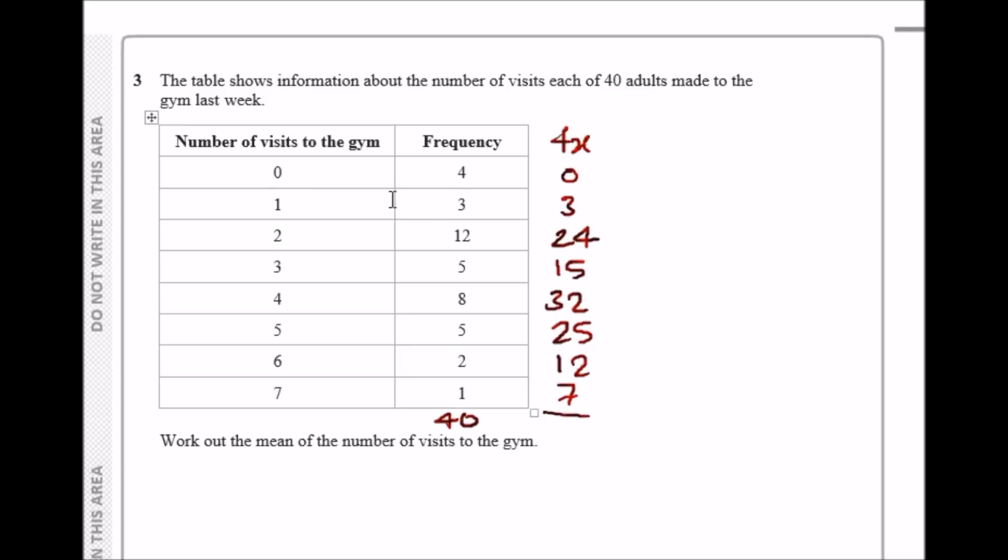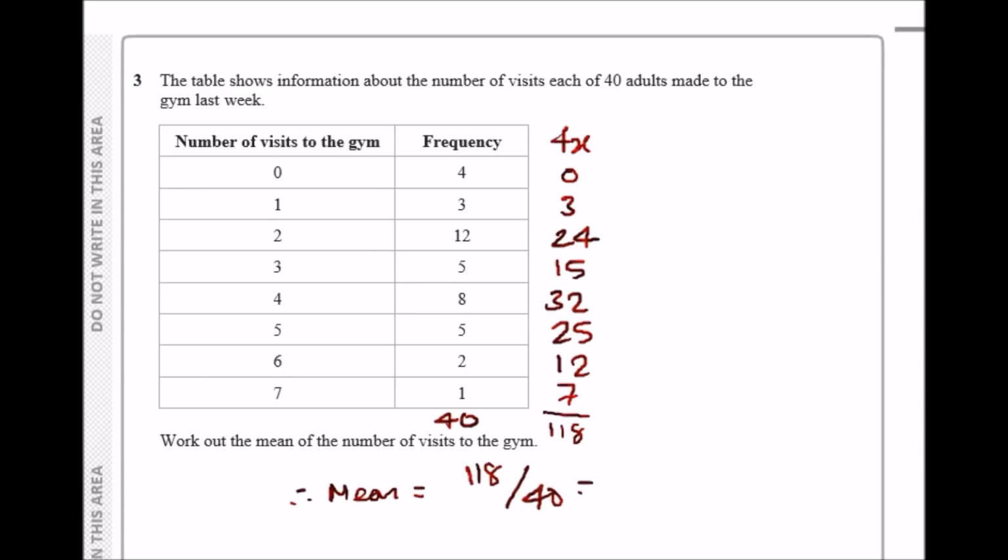Okay, now in your calculator, I want you guys to add up every single term here. And when you do that, you should get, let's see, because I'm also adding them up as well, I believe 118. And therefore, we can say that the mean number of visits to the gym would just be the total of fx over the total number of adults.